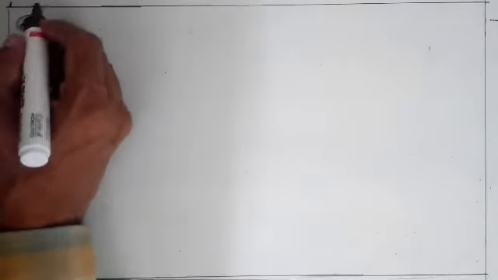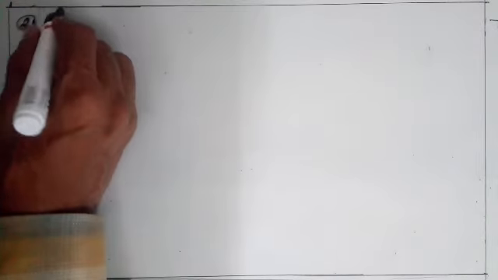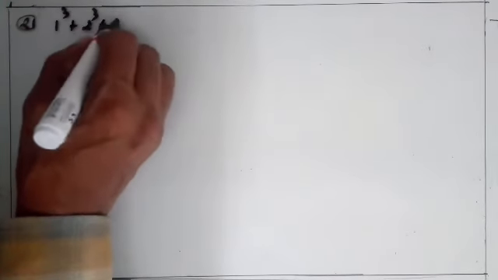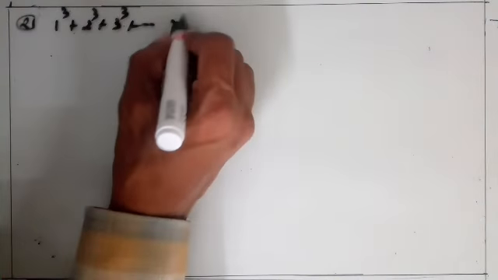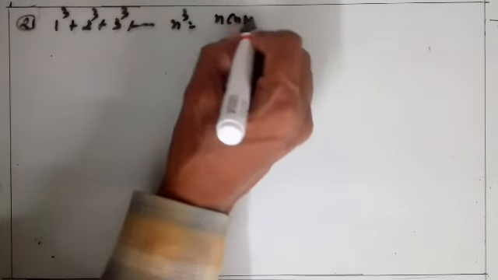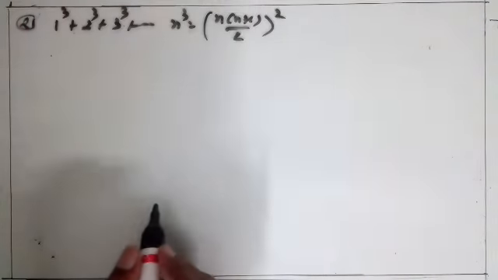Now question number 2. Prove that 1 raised to 3 plus 2 raised to 3 plus 3 raised to 3 plus up to plus n raised to 3 is equal to n into n plus 1 by 2 raised to 2.